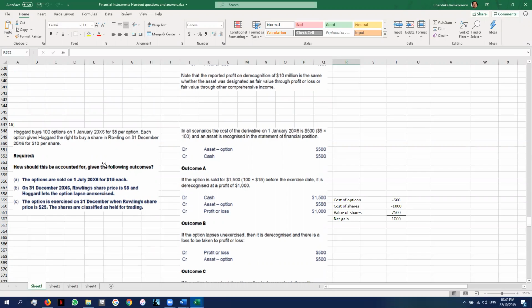The one thing here I must tell you again. This is an option on a share, meaning this is a call option on a share, as in the previous example we looked at on the handout. But there are different types of options related to different types of instruments.